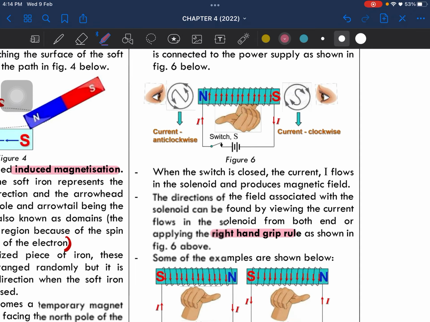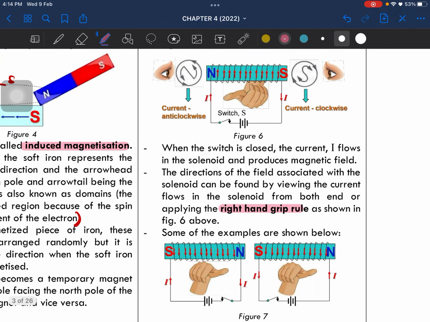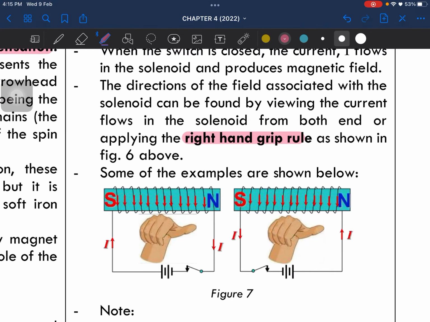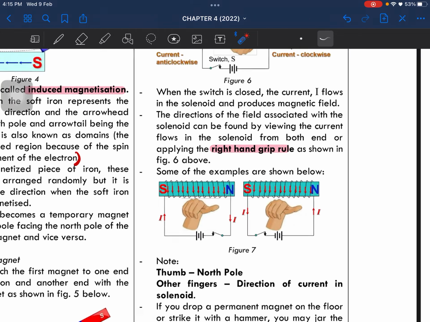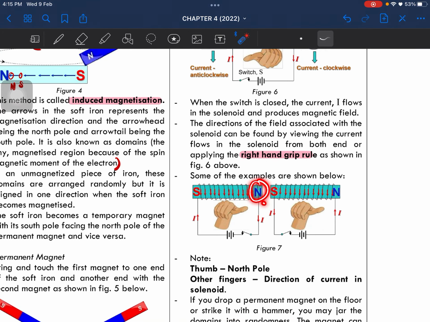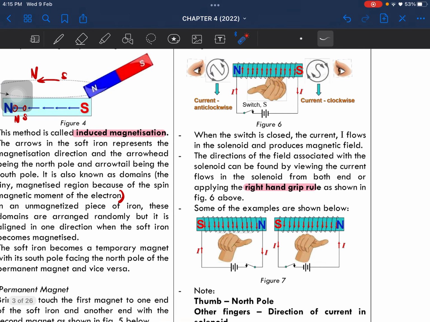For example, let's look at this one. You are using the right hand grip rule lah. The thumb would be facing our north pole, and the other fingers show us the direction of the current in the solenoid. Can you understand that?